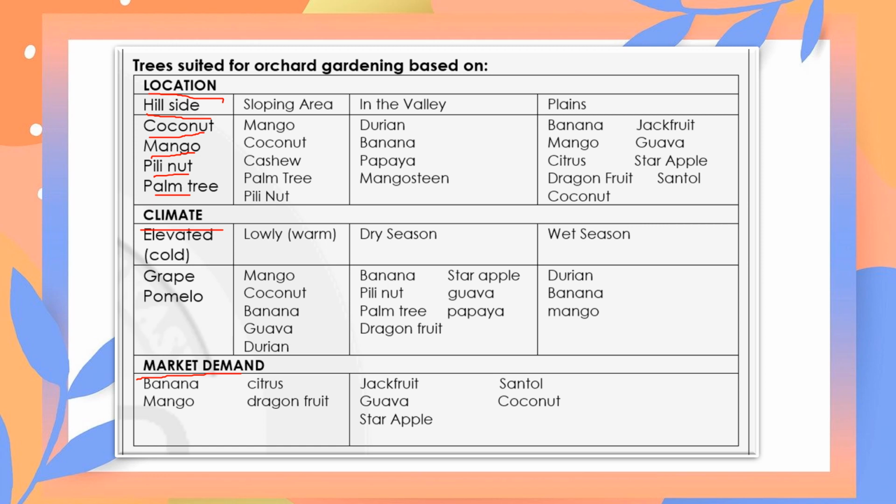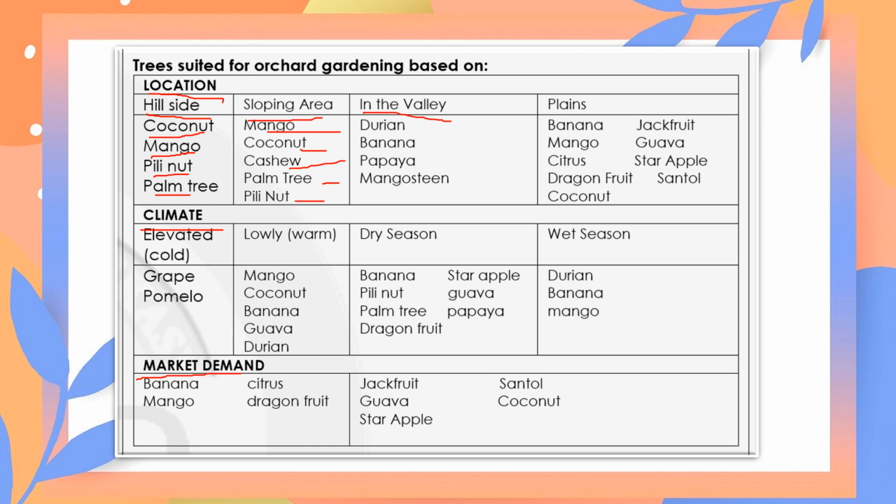Sloping area. When we say sloping area, ito yung mga libis o lumilibis na lugar. So we have also mango, coconut, cashew, palm tree, and pili nut. So as you can see, we have almost the same fruit-bearing trees that grow between hillside and sloping area. How about in the valley?